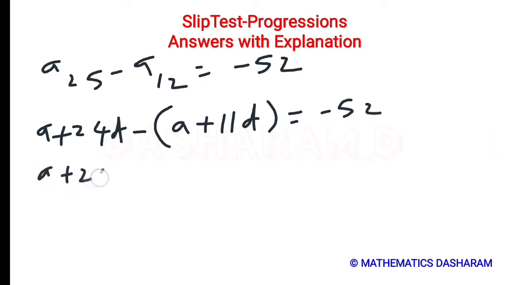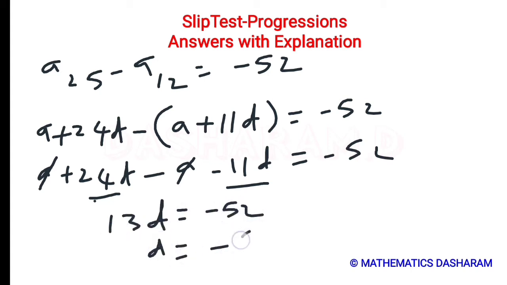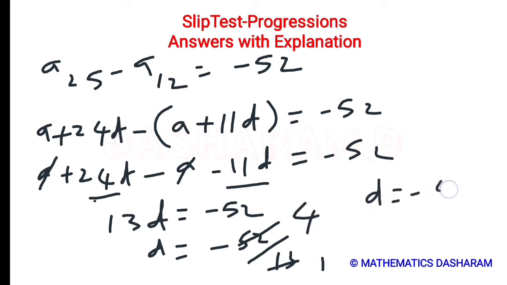A plus 24d, now remove the bracket, so automatically the symbols get changed, so it equals minus 52. Plus a minus a cancels, 24d minus 11d is 13d, equals minus 52, then d equals minus 52 divided by 13. 13 ones are 13, 13 fours are 52, so d value is minus 4.